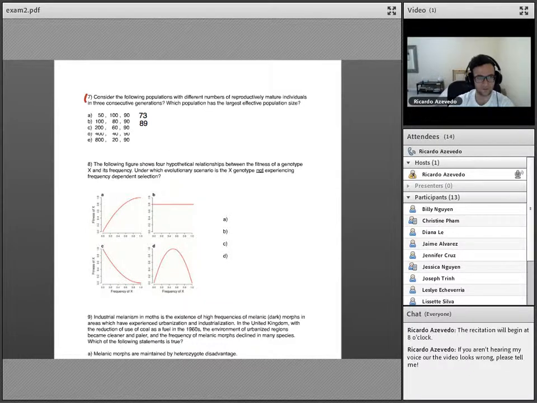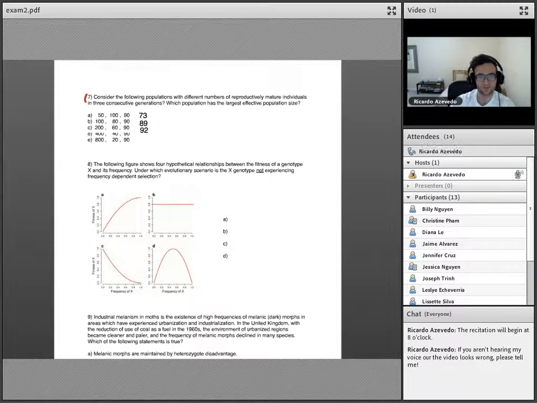For the third one, it's 90, 60, and 200, which is 92. For D, it's 400, 40, and 90. 40, 400.